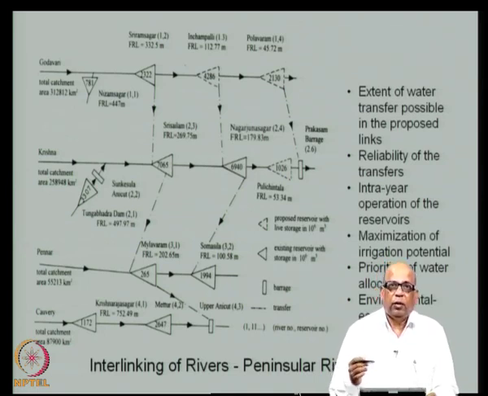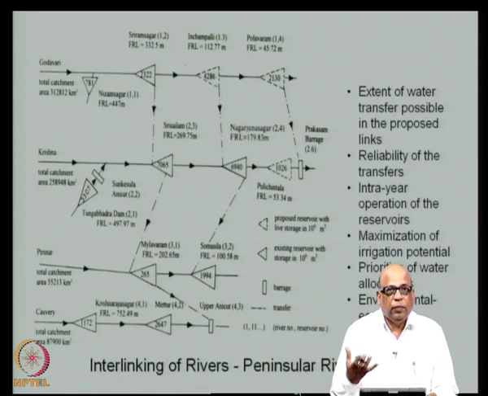And in doing that, the questions that you would be interested in answering are the following. First, extent of water transfer possible in the proposed links. How much water can you really transfer from these?